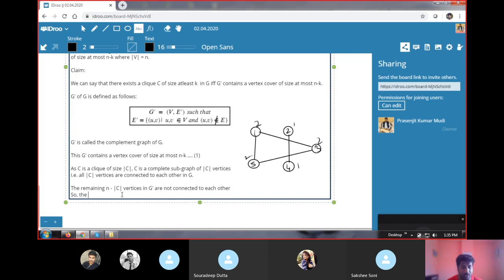So the n minus k vertices in G dash cover all the edges of G dash.